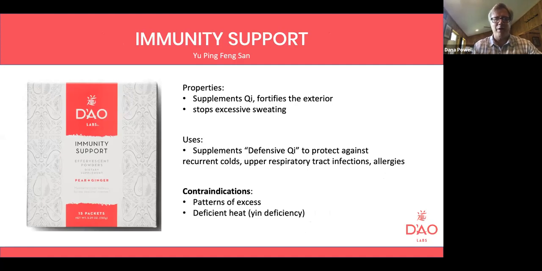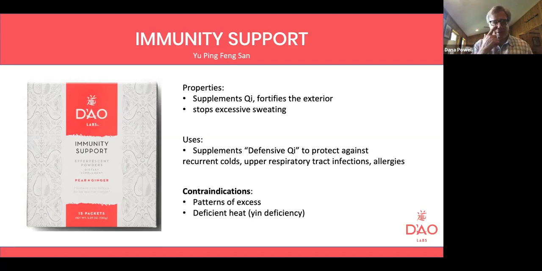Immunity support is our version of Yuping Fengshan, otherwise known as jade windscreen. It has the property of supplementing qi, in particular fortifying the exterior or the defensive qi. It stops sweating, but it's used in particular to fortify defensive qi so that you can be protected against recurrent colds, upper respiratory tract infections, and various kinds of allergies brought on by the assault of external pathogens.